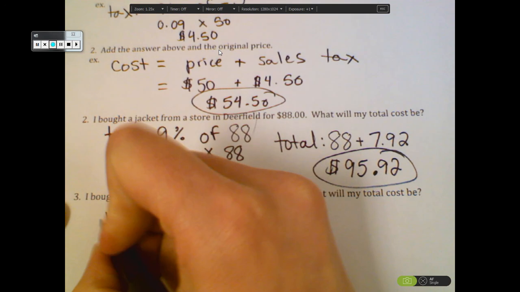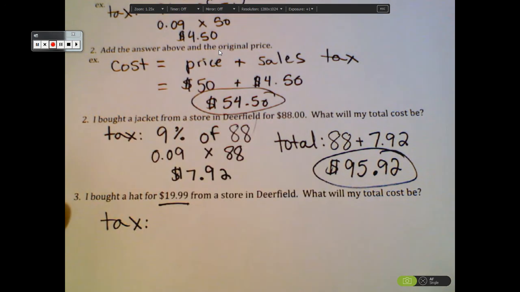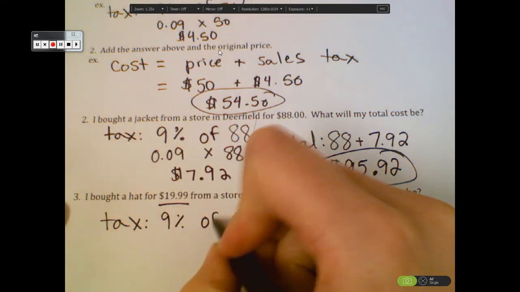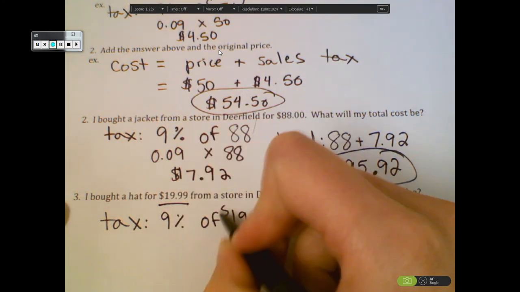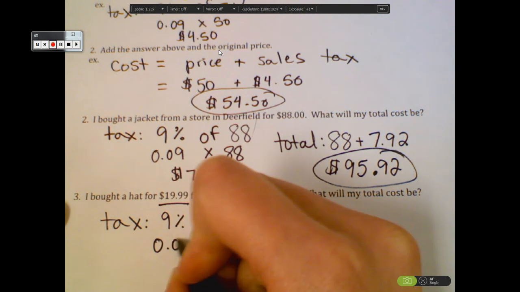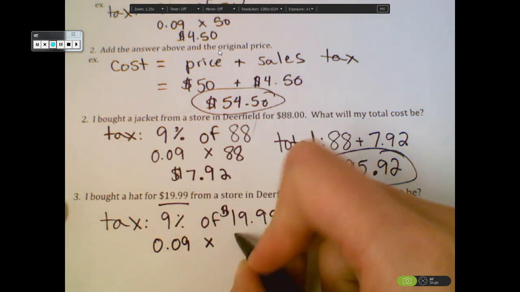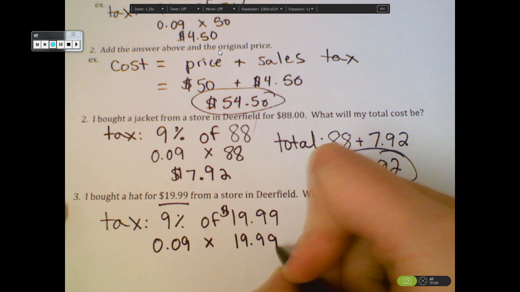Well, I'm not sure what the tax is yet, so I'm going to have to find out 9% of $19.99. 9% is written as a decimal, 0.09, of is multiply, and we're going to multiply it by $19.99.